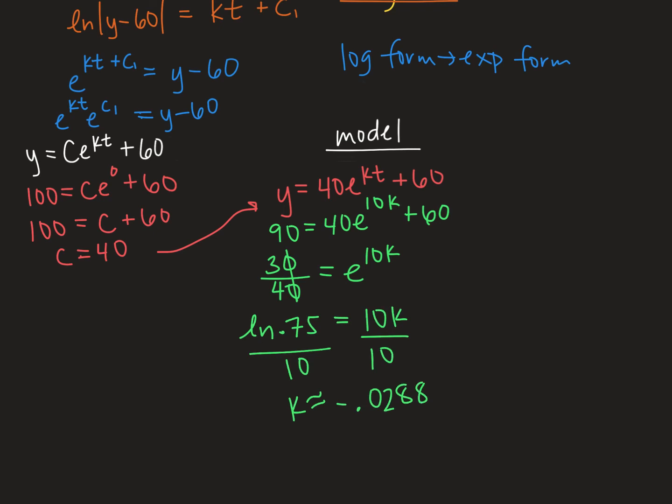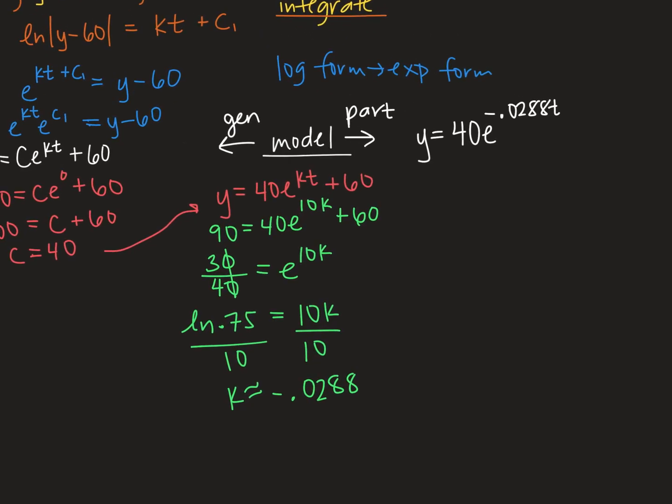Okay, so our full model, this is like the general model, and this is the particular, is y equals 40 e to the negative 0.0288 t plus 60.